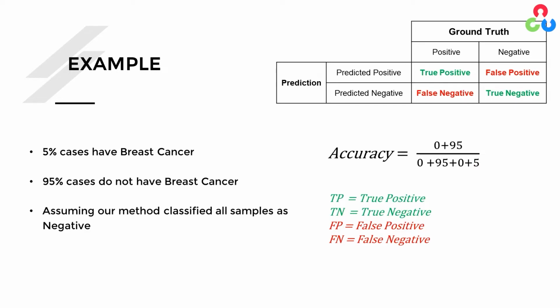However, if you look at the accuracy number, the accuracy is 95%. 95% of the time it is classifying things correctly because the data is imbalanced. 95% of the time there is no breast cancer, and therefore, even though this is a completely useless model that does not detect breast cancer, the accuracy is 95%, which is ridiculous.